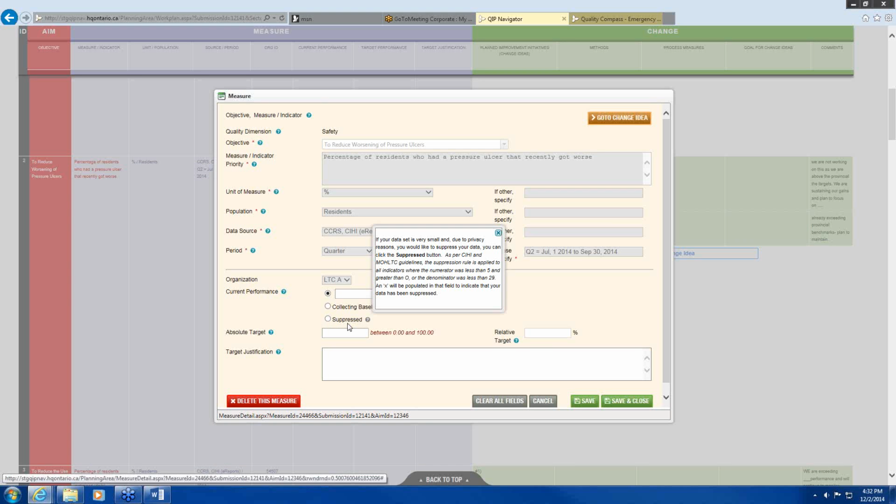If you're less than 5, obviously you're doing fairly well. So you may decide that this really isn't a priority indicator that we need to work on. We know we do well in this area. So you would not complete anything; it would already be listed as suppressed if your current performance was 5 or less.